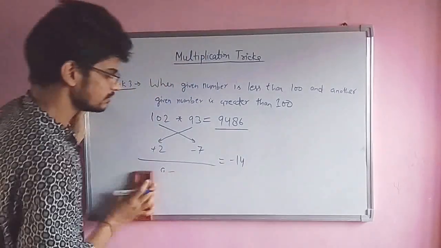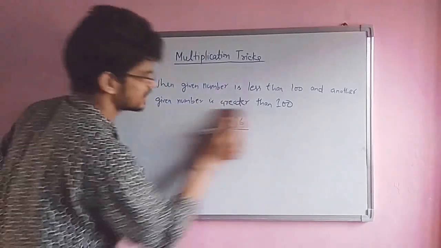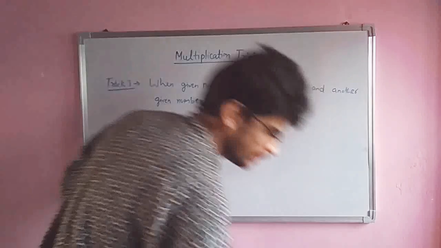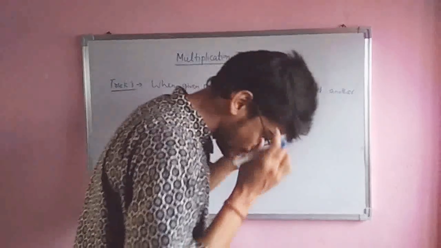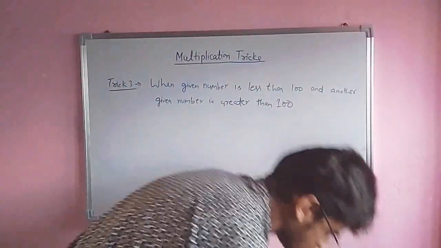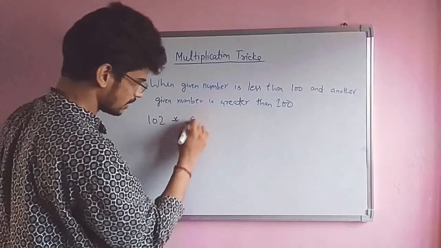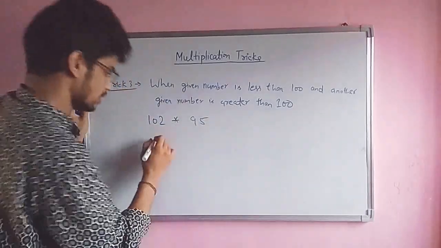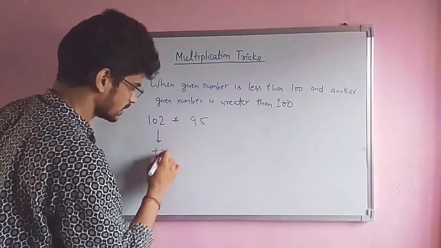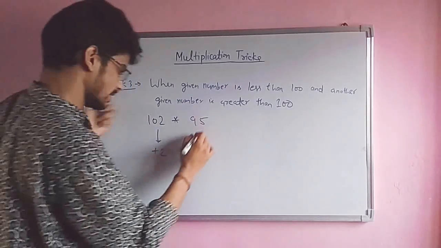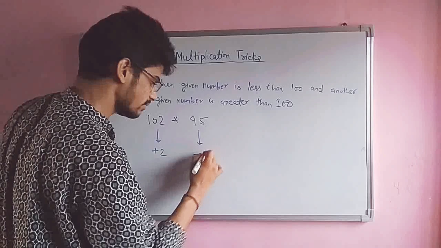Next, let's take the last example of this one. 102 multiplied by 95. Here it is greater than 100 by 2 and here it is lesser than 100 by 5.